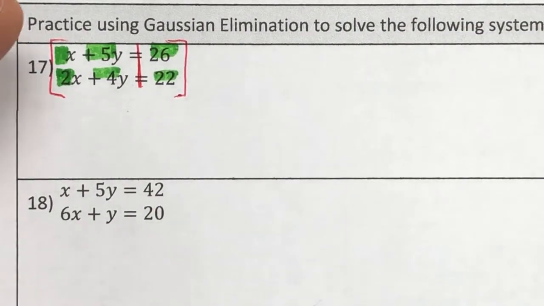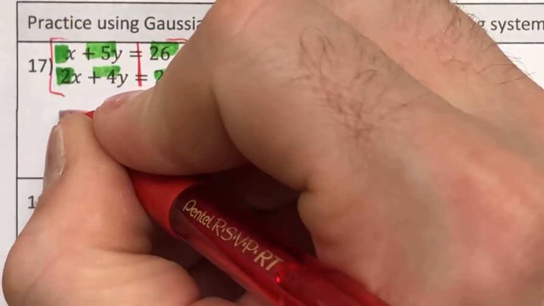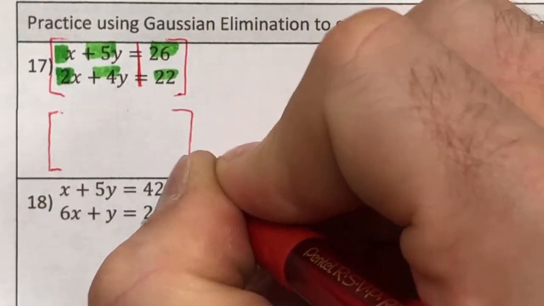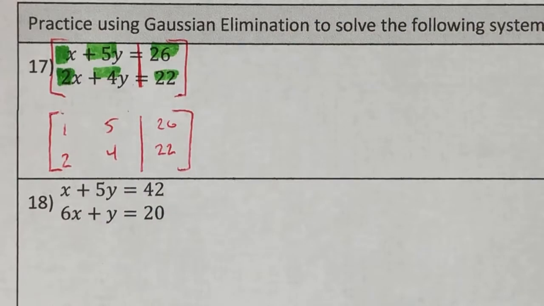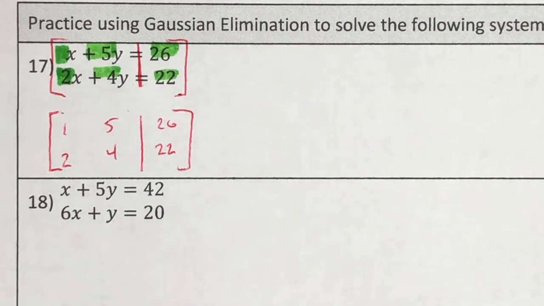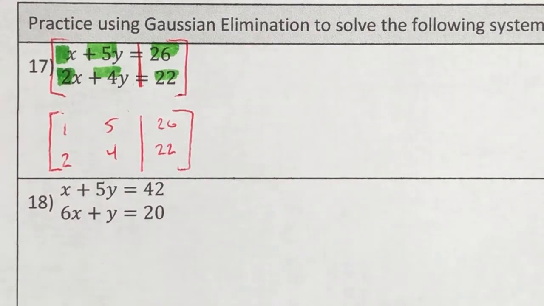So I'm going to create a system using those values right here. So I have 1, 2, 5, 4, 26, and 22. Awesome. And so then I just go through the process of solving this matrix, which we've just done several times.